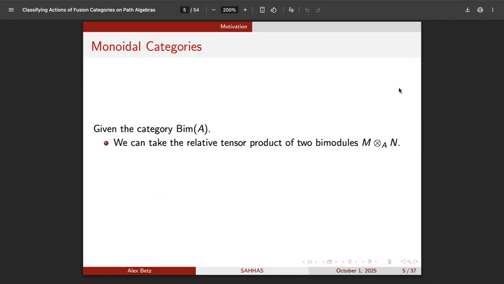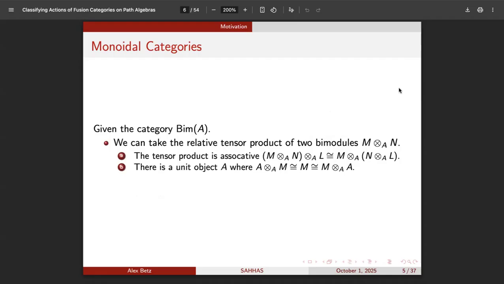We can take two bimodules, take their relative tensor product, and produce a new bimodule. This tensor product is associative, and there's a unit object, the algebra, which acts as the unit in tensoring. So BIM-A, on top of just being a category, has this structure living inside of it.